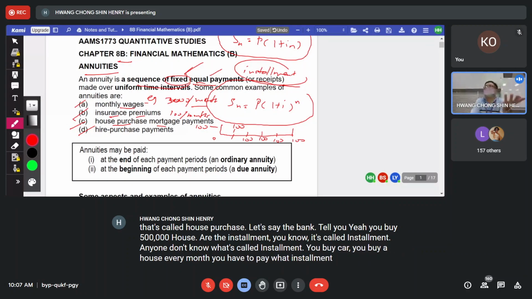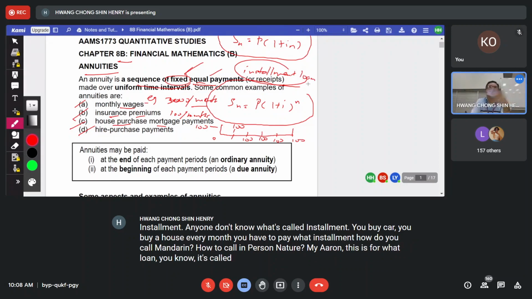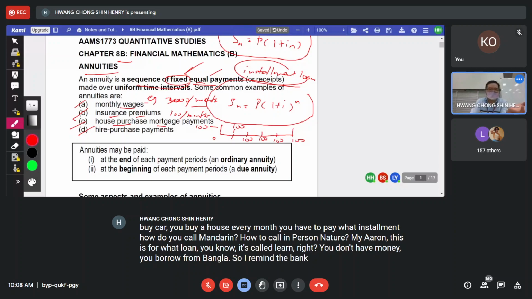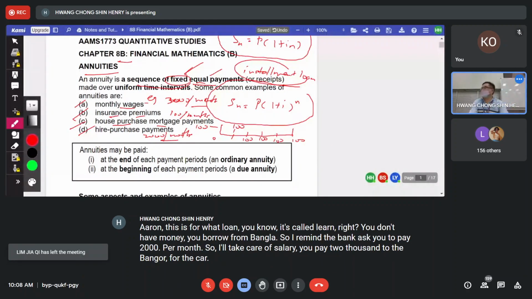How do you call it in Mandarin? How do you call it in Bahasa Malaysia? Bayaran. This is for what? Loan. You know what's called loan, right? You don't have money, you borrow from the bank. So every month the bank asks you to pay 2,000 per month. After you get a salary, you pay 2,000 to the bank for the car, for the house. So this is what we call annuities.